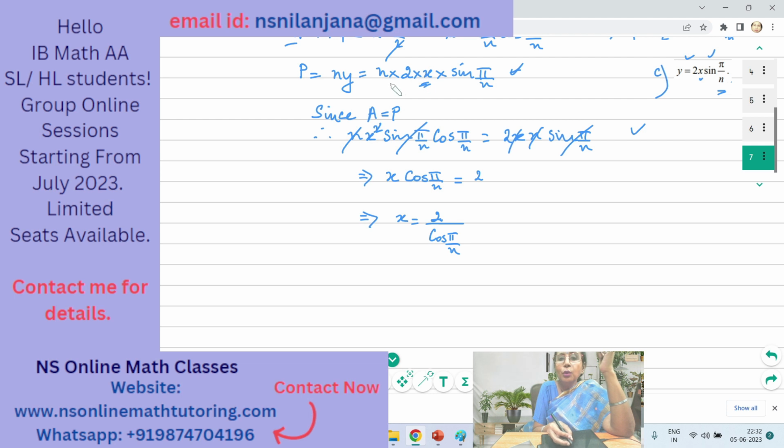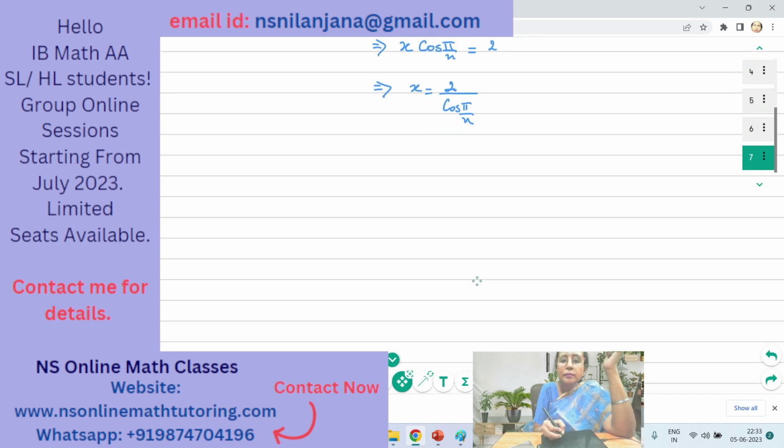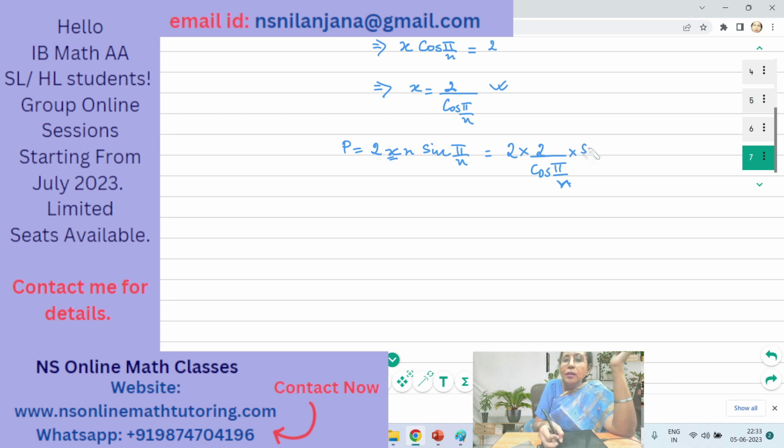P is equal to 2xn sine pi by n. And in place of x, I'll be writing this. So this is 2 times 2 over cos pi by n times sine pi by n.